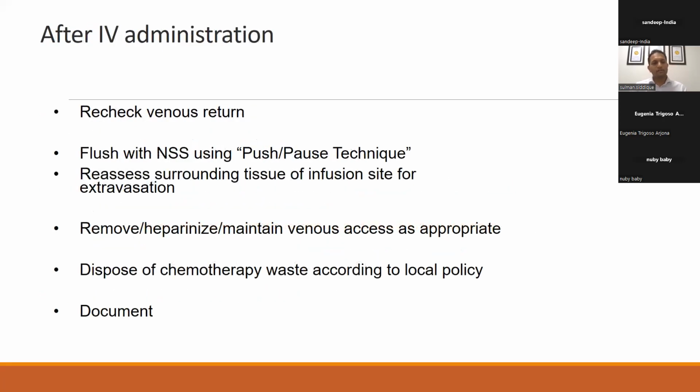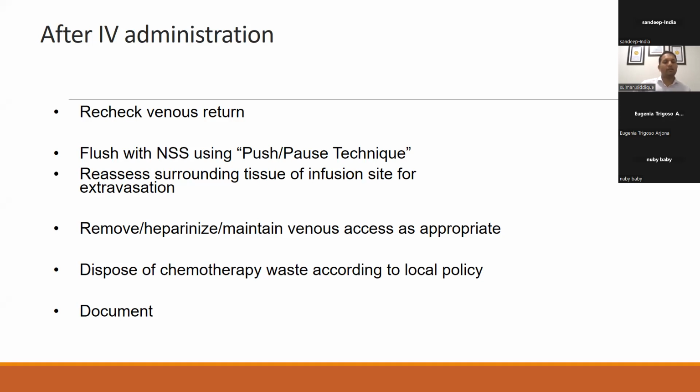After IV administration, recheck venous return, flush the IV line with normal saline solution using a push-pause technique, reassess the surrounding tissue of the infusion site for extravasation, and remove or heparinize the venous access device as appropriate. I mean, you don't have to remove the central line, of course.